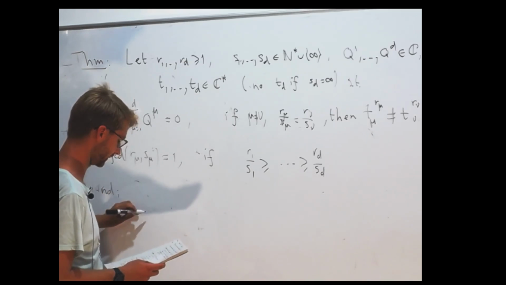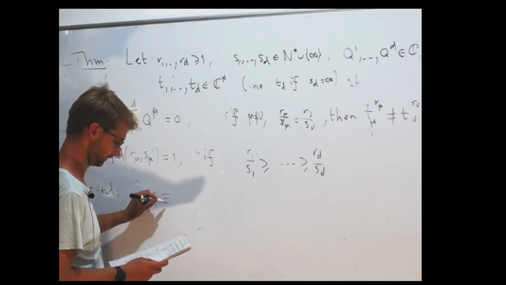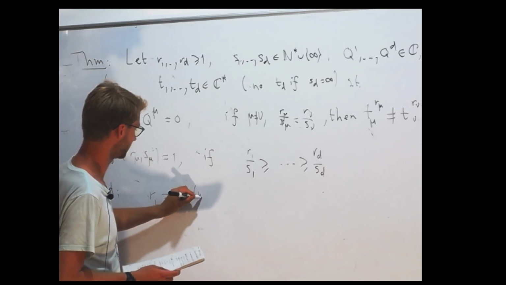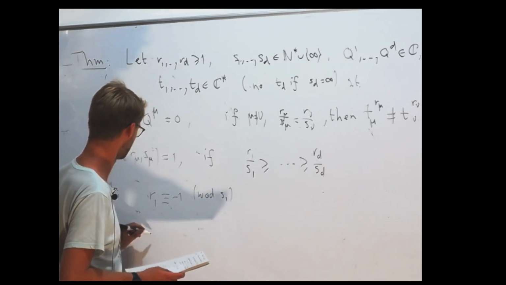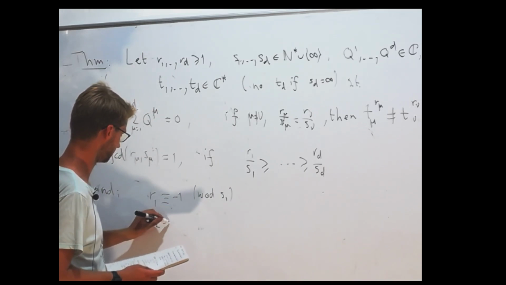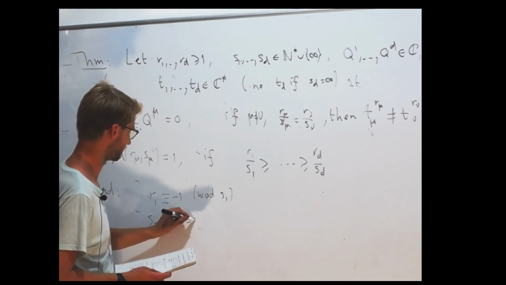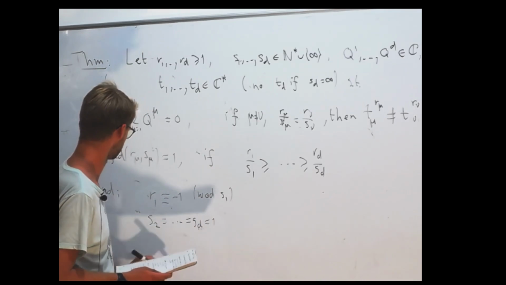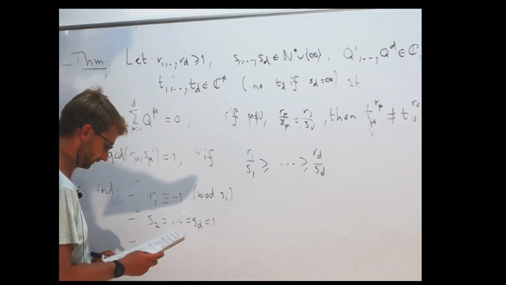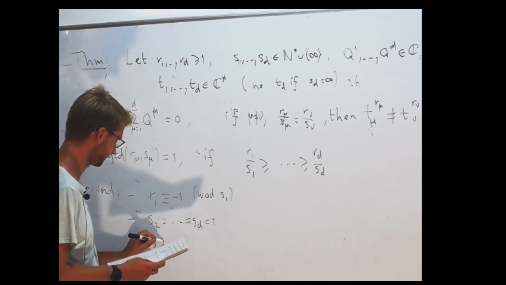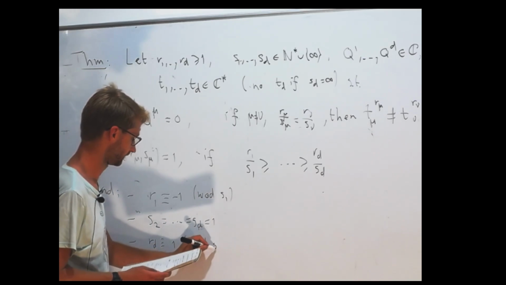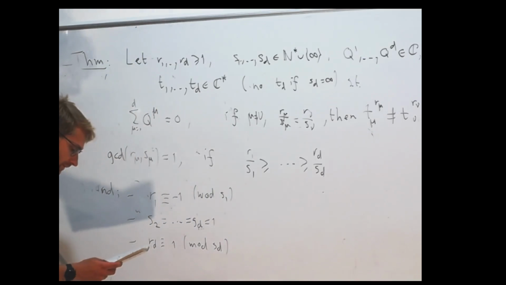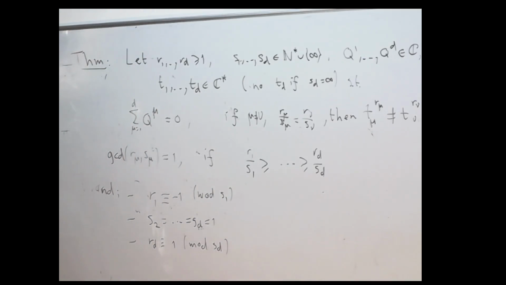So we want R1 to be -1 modulo S1. We want S2 up to SD to be equal to 1. And we want RD to be 1 modulo SD. Then we get an area structure.